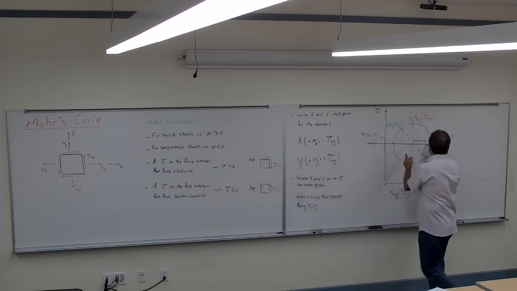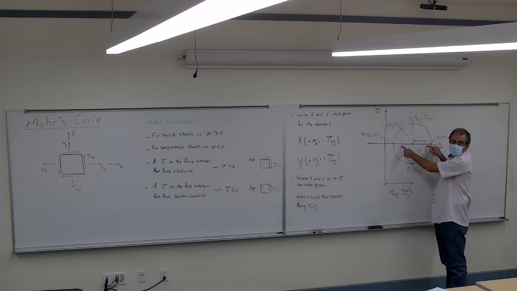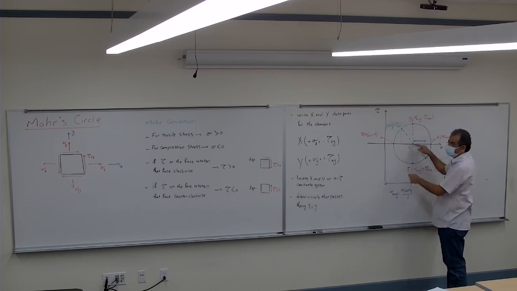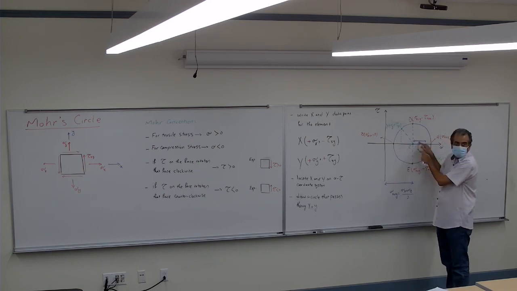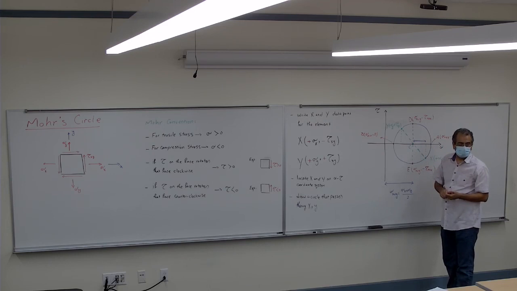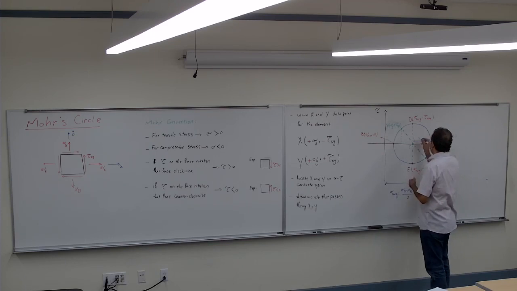This is sigma x, correct? This is sigma y. Agree? If I add them and divide by 2, it gives me the distance to the center. If I do sigma x minus sigma y, from here to here, that is this whole distance. This is half of it. So this distance is going to be sigma x minus sigma y divided by 2.